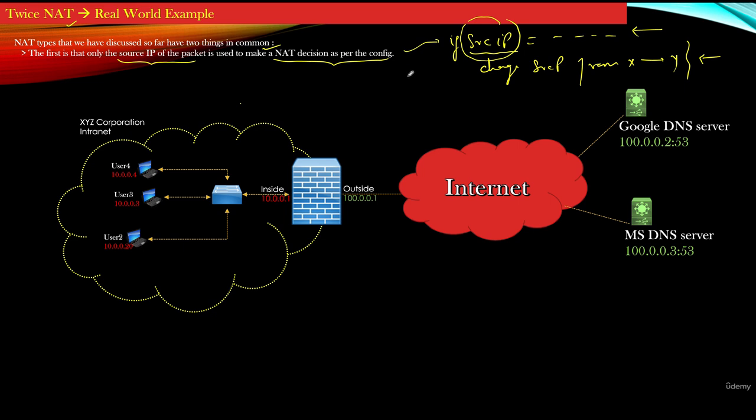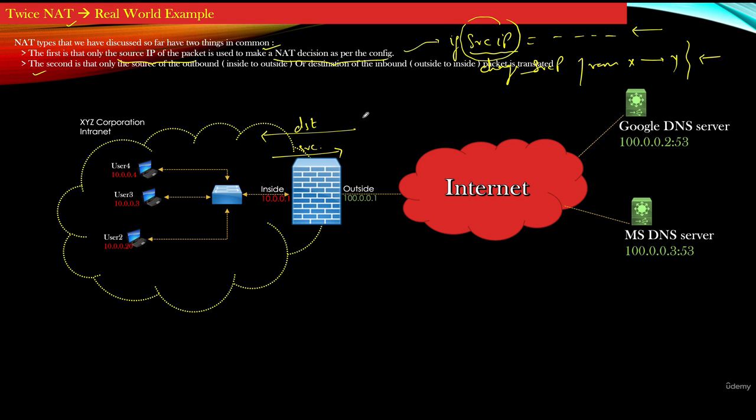And the second point is that for the packet going from inside to outside, only the source IP address undergoes translation, or for the packet going from outside to inside, only the destination IP address undergoes translation. So it is either the source IP address or the destination IP address that undergoes translation. We have never witnessed a case where both the source and destination IP address or source and destination port number undergo translation at the same time.